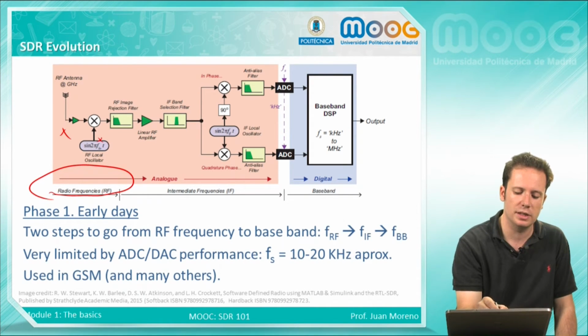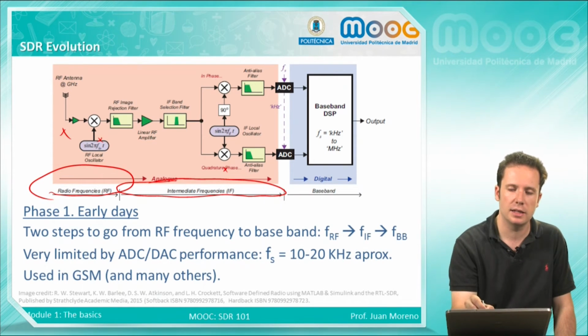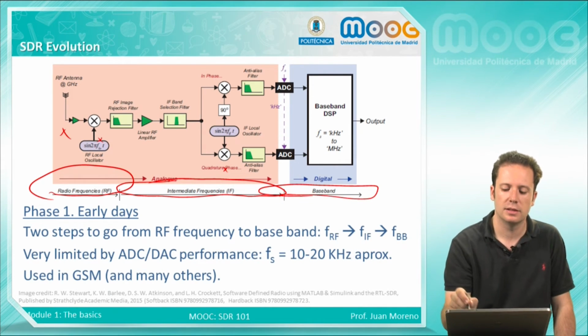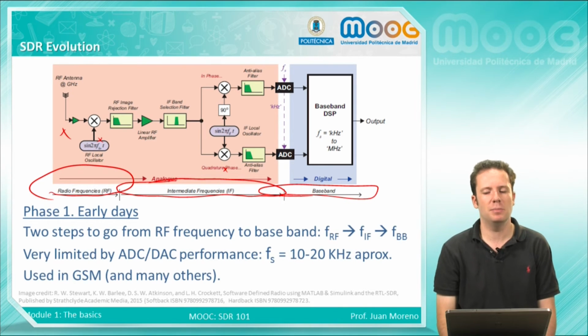The second one, it's the intermediate frequency, from the first frequency converter to the second one. And also, after that last conversion, the baseband. So you have 2 steps between the transmitted frequency and the baseband. It's very limited by the performance of the analog to digital and the digital to analog converters.